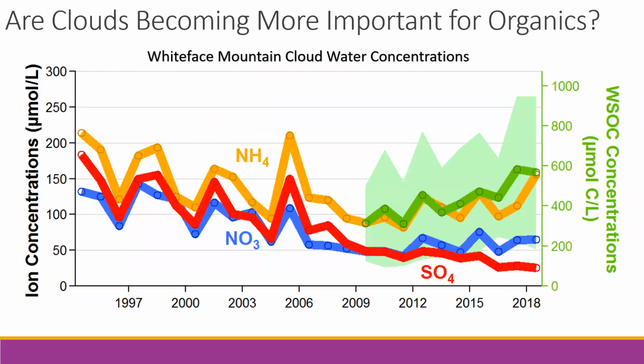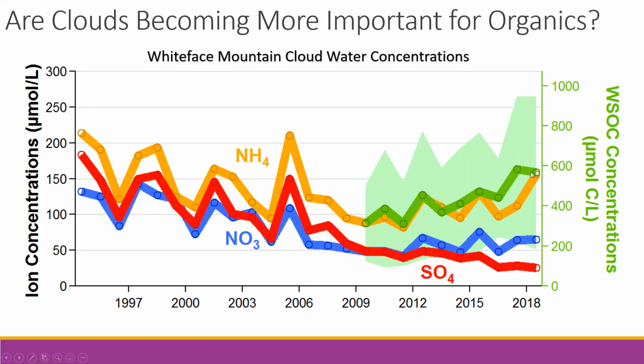And to add to all of these uncertainties and the growing importance of the organic fraction of aerosols, we might be seeing a growing trend in water-soluble organic carbon in Whiteface Mountain cloud water, the line in green here.